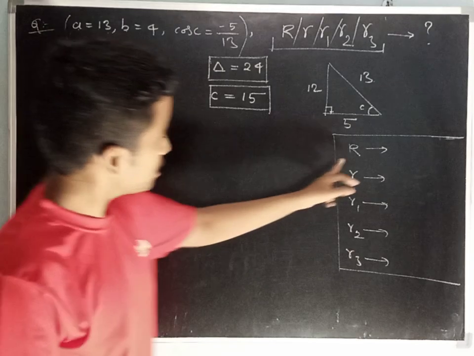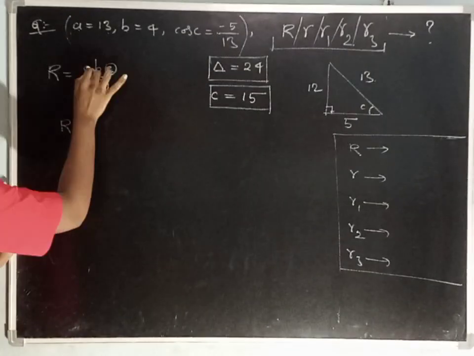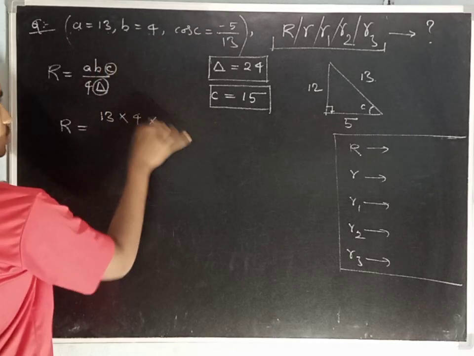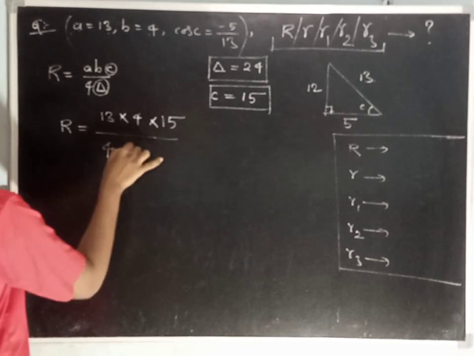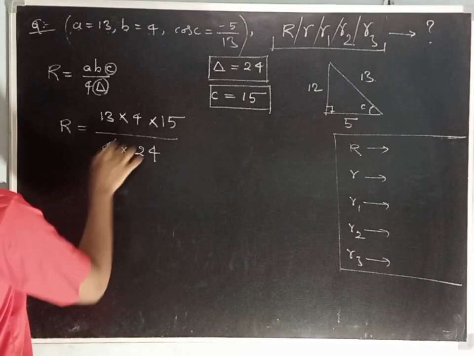We need to find the radius of the circumcircle, capital R. Capital R is nothing but A, 13, into B, 14, into C, 15, by 4 into the area of the triangle, 24.